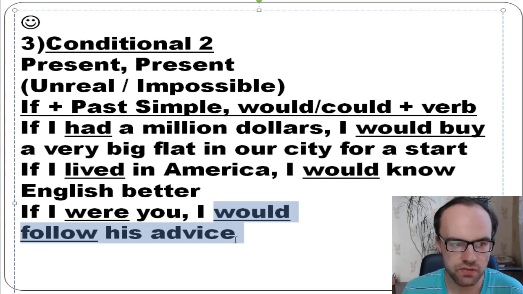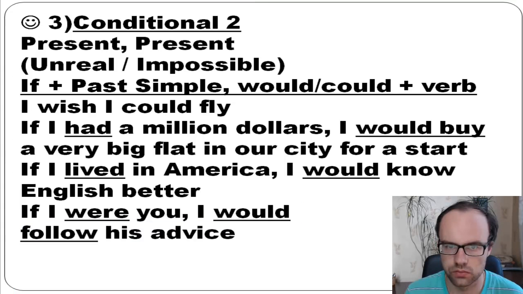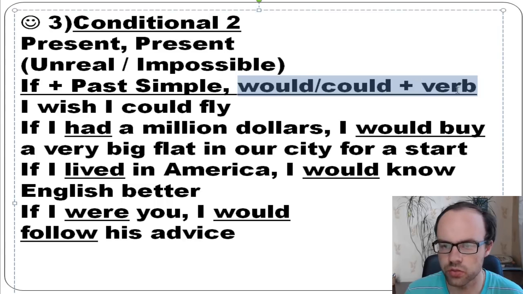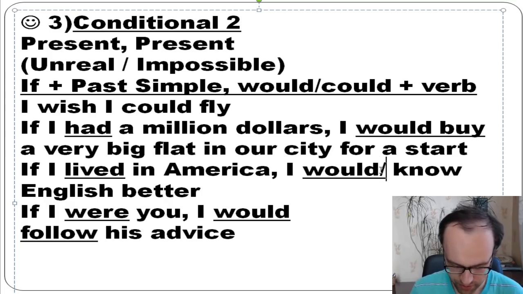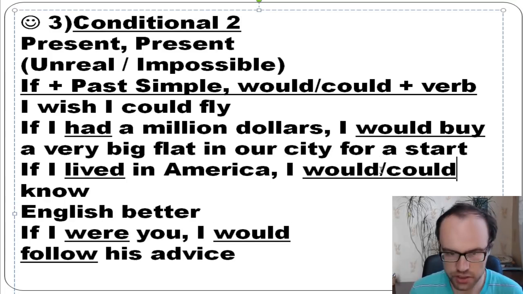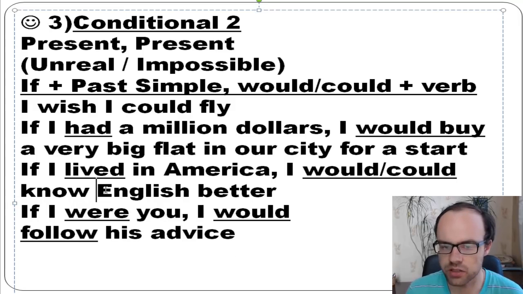Okay, very good. Well, as you see, we use would or could plus verb, and you could say, for example, here, I could know English much better. So it isn't a fact, but yeah, maybe you could know English much better if you lived in America.